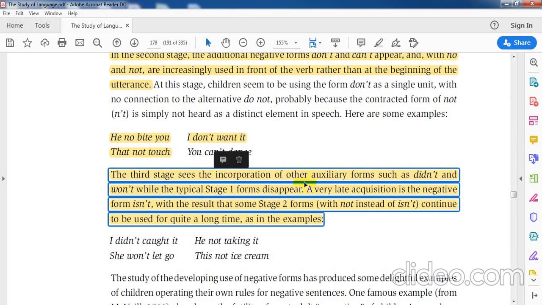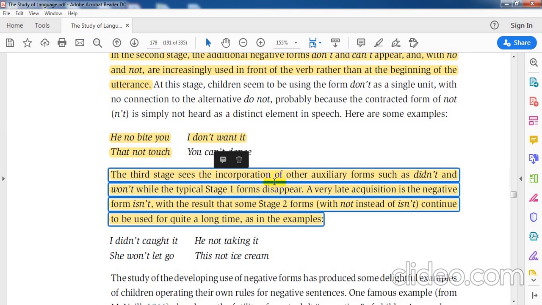Of course, when that child progresses and develops his or her language, the odd stage, the incorrect usage of some auxiliaries, disappears as the child is able to recognize the correct usage of auxiliaries.